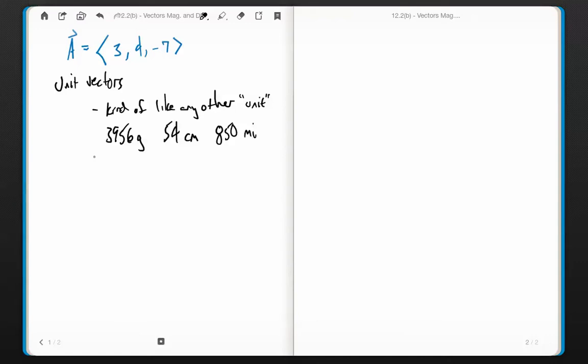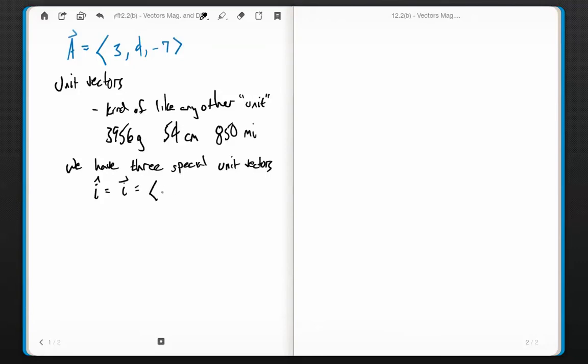Now, in the vector world, we have three special unit vectors. As you might guess, the first one is i hat. The little hat means that it's a unit vector. We could just call it a vector, right? But it's a special vector.